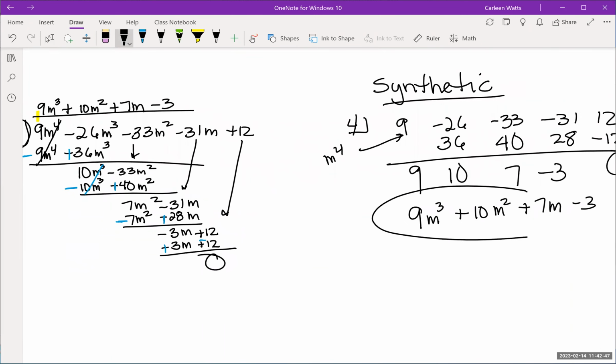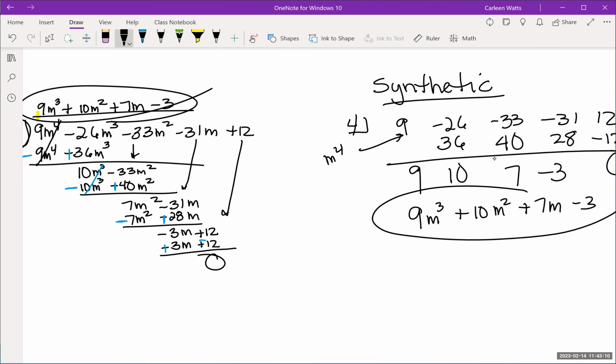Magic. Got us the same answer as long division. Nice, huh? Little bit nice. You need to know how to do the long division, but synthetic division, bam, done.